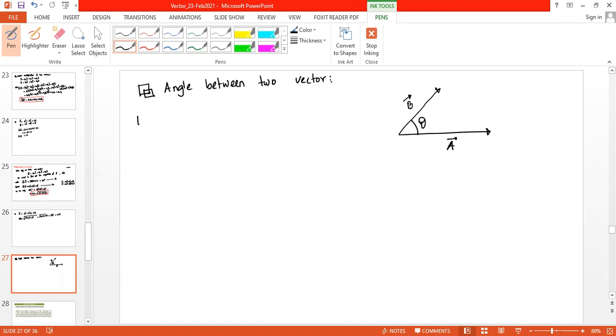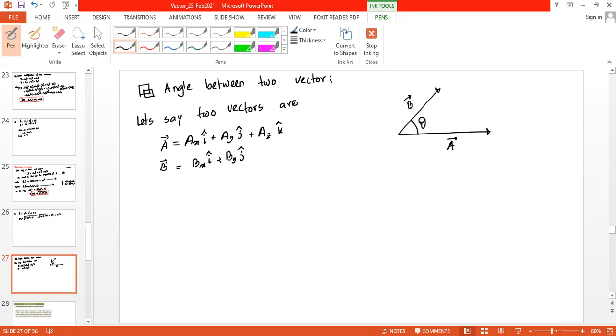So let's say two vectors are A, that is equal to ax i plus ay j plus az k. This is a vector, and the other vector is B, which is defined as bx i plus by j plus bz k.